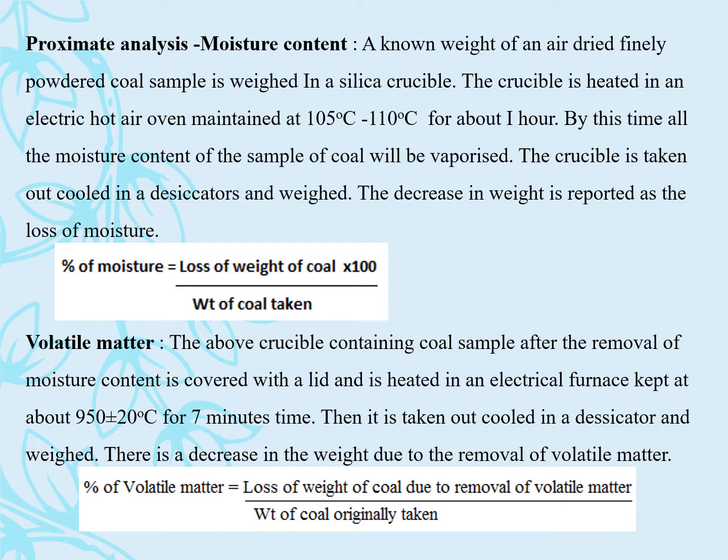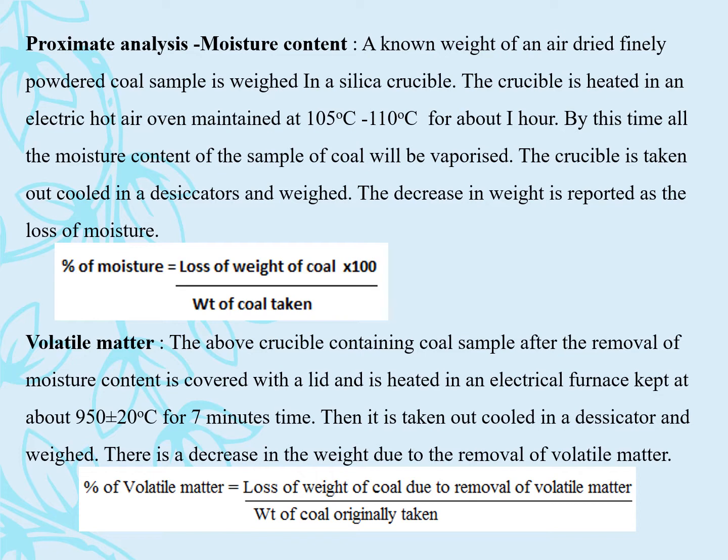To determine the moisture content, a known weight of an air-dried, finely powdered coal sample is weighed in a silica crucible. This crucible is heated in an electric hot air oven maintained at 105 to 110 degrees centigrade for about 1 hour.